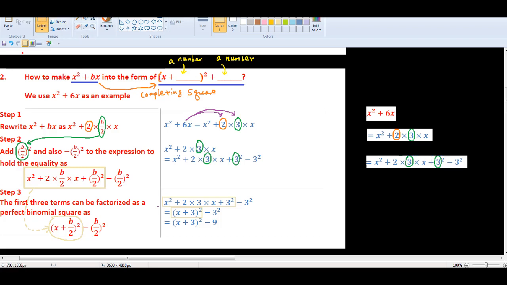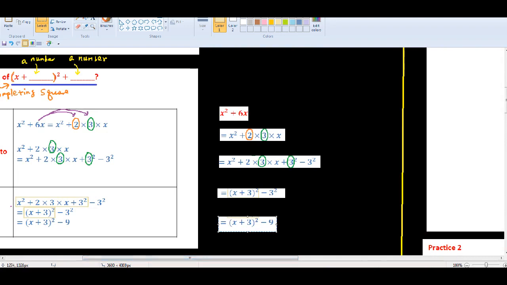After that you can factorize the first 3 terms into a perfect square, x plus 3 squared, and lastly you just simplify. So here's the purpose. From that x squared plus 6x, you go all the way to this last step. You change that into x plus 3 bracket squared minus 9. So that's what we call completing the square.